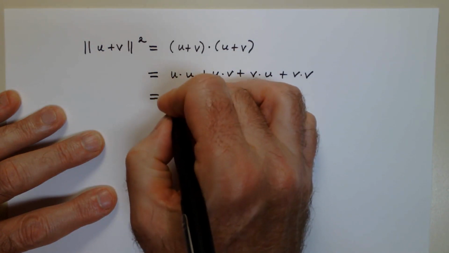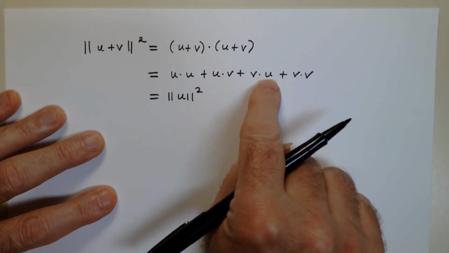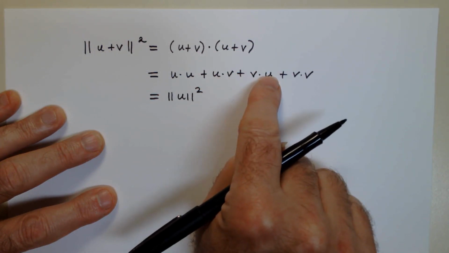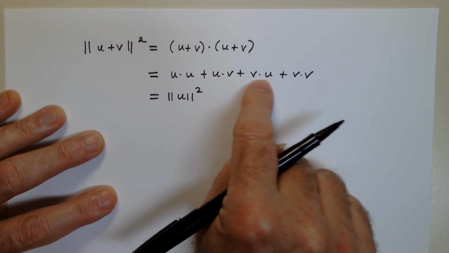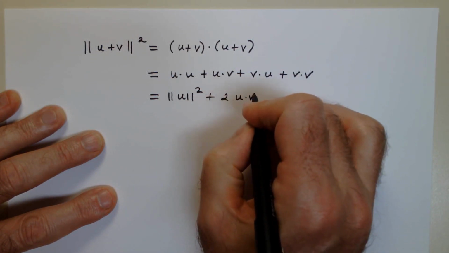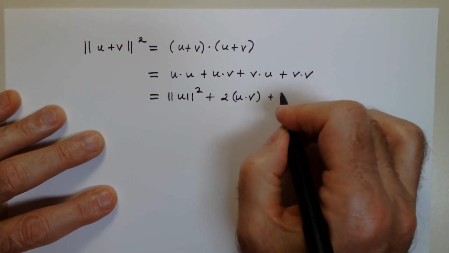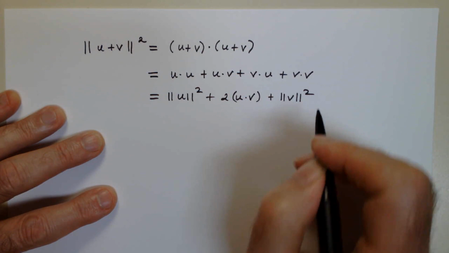So I can replace this one by length of u squared. Now here I can use the commutative law and think of v dot u as just u dot v. So this is 2 u dot v. And here I can think of this as the length of v squared.